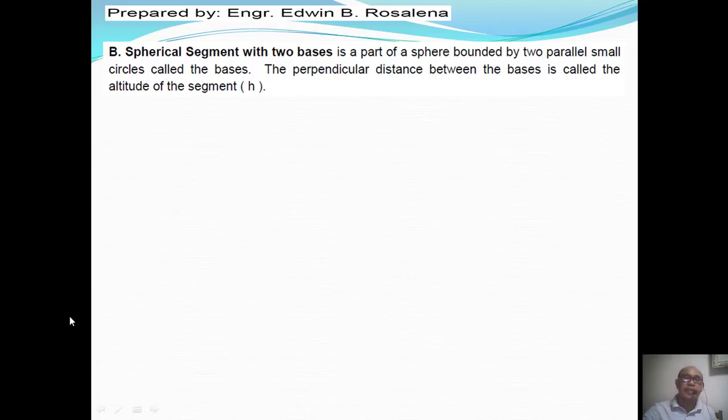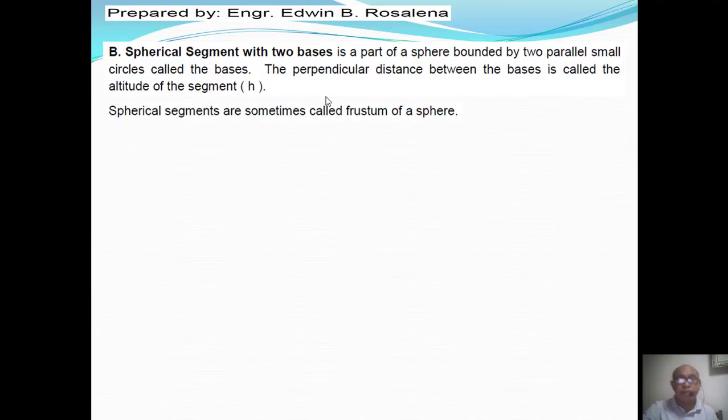The second we have here is the spherical segment with two bases. Okay. This is a part of a sphere bounded by two parallel small circles. So may dalawa na tayong small circles called the bases. Yung kanina isa lang. Then the perpendicular distance between the bases is called the altitude of the segment.